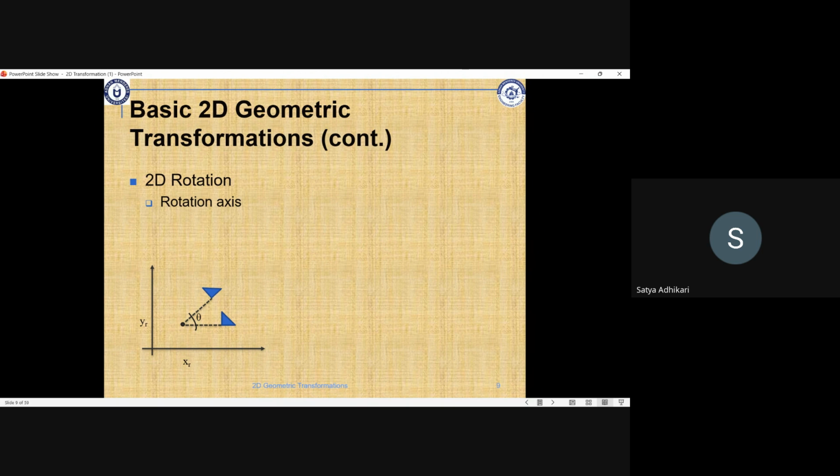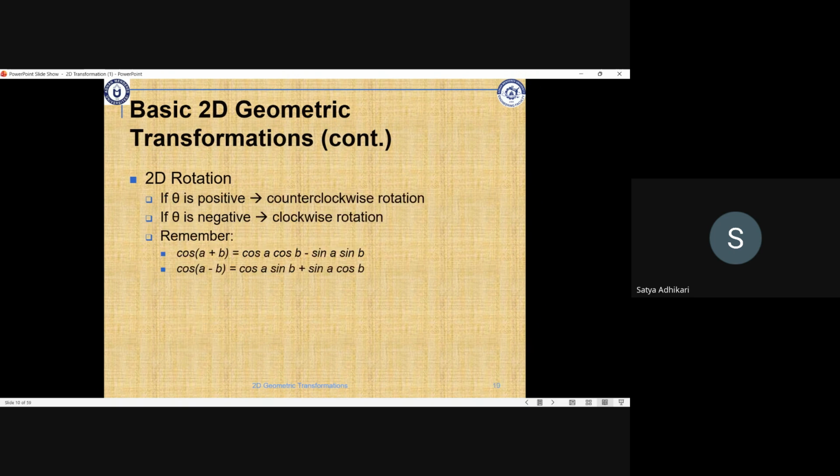We need three things. One is the rotation axis, another is the rotation angle theta, and the third is the rotation point, with respect to which point we have to rotate. Either it is the origin or any other point, known as the pivot point.